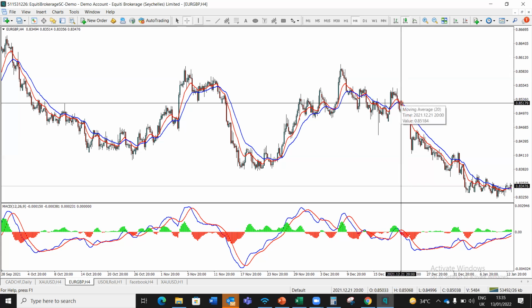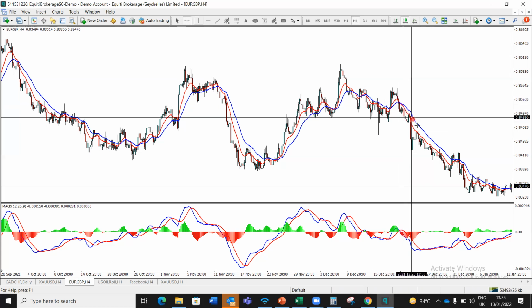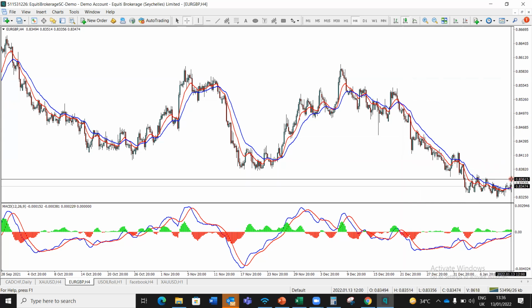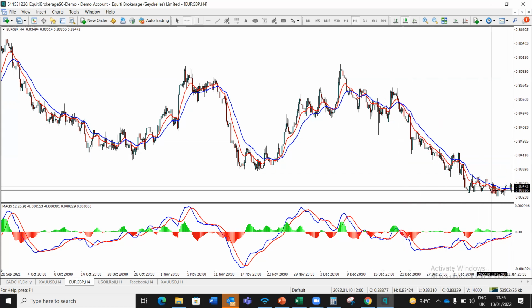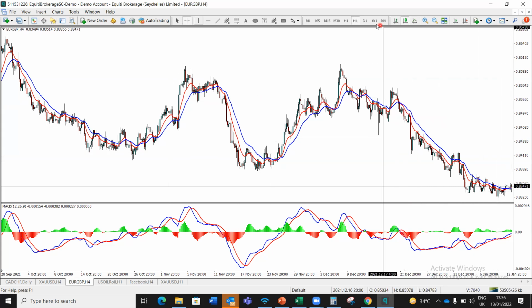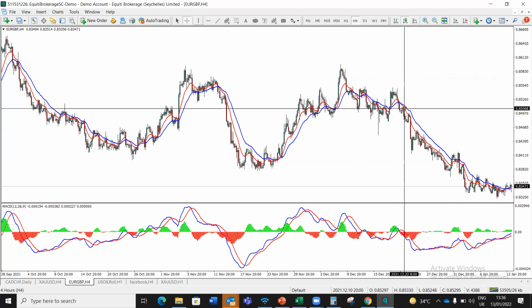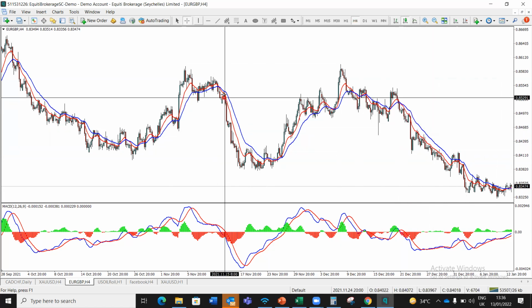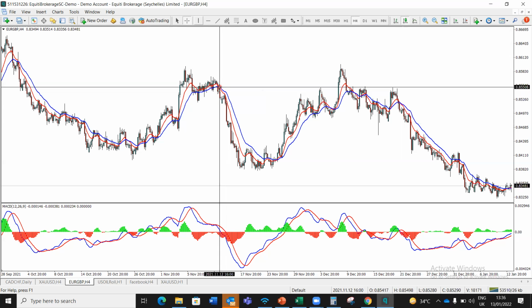Now, when this signal came for sell, the market had been selling up until now. Today is the 13th of January 2022, and this is still selling. Why? Because it's a 4 hourly time frame, so this is for long-term trades. Watch this now. We had a sell signal come around the 12th of November 2021.